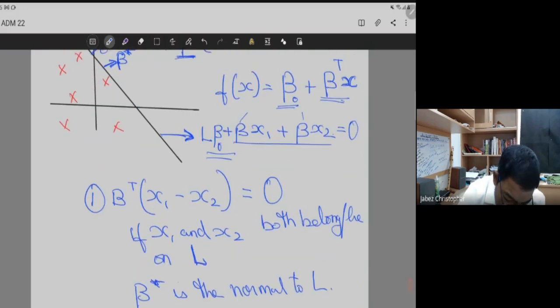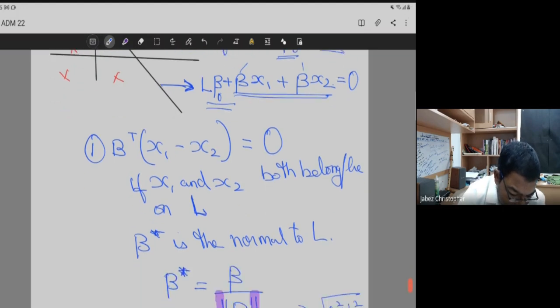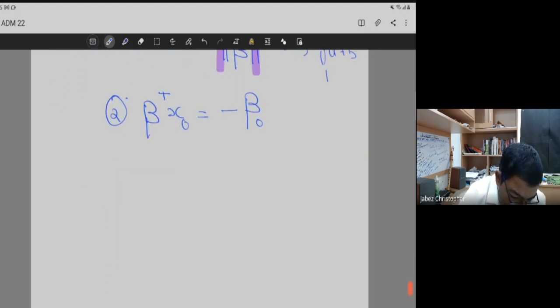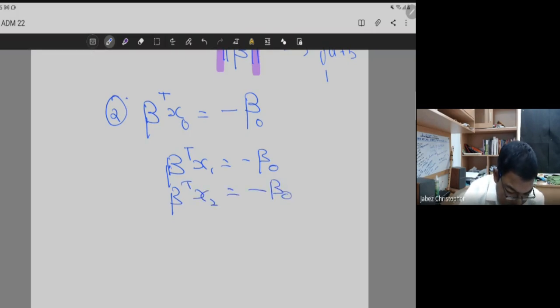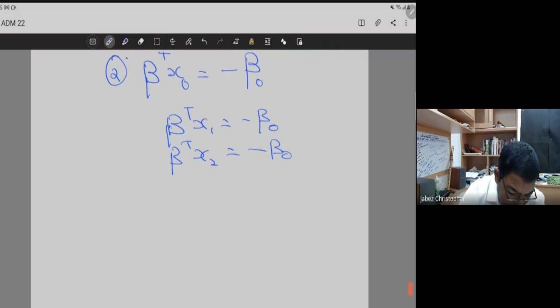We are considering only this, right? So we need to consider x with respect to beta naught also. So in this case, beta transpose x1 is equal to minus beta naught. So beta transpose x2 is equal to minus. That's what I infer from 2.